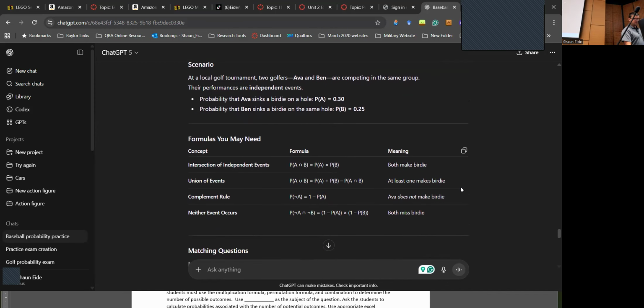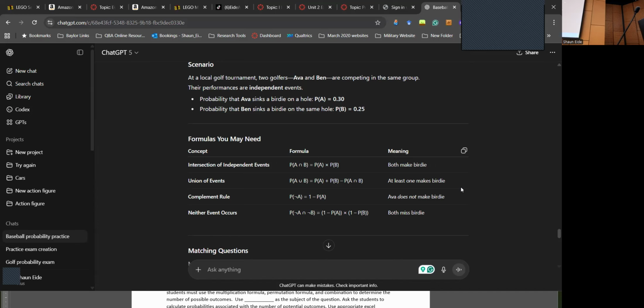The next question is: if the probability of either Ben or Ava making it is 0.475, what's the probability that neither of them makes it? 1 minus that, so 0.525, yes. On the exam, how do you know when you're supposed to use joint probability?